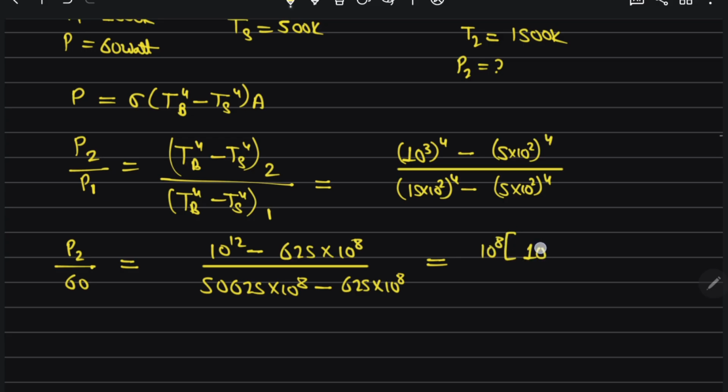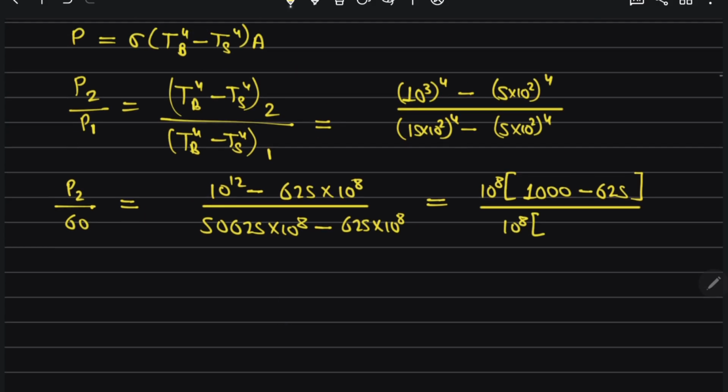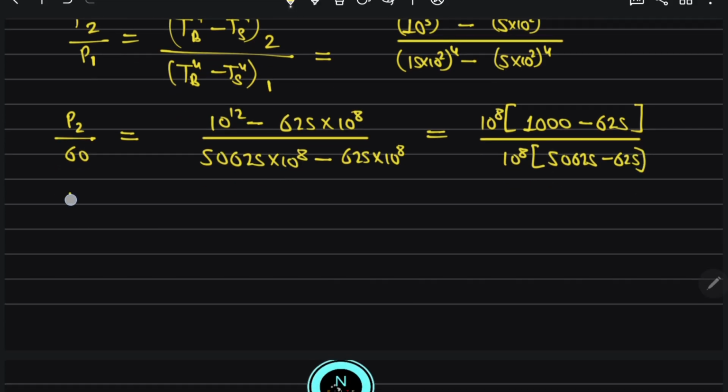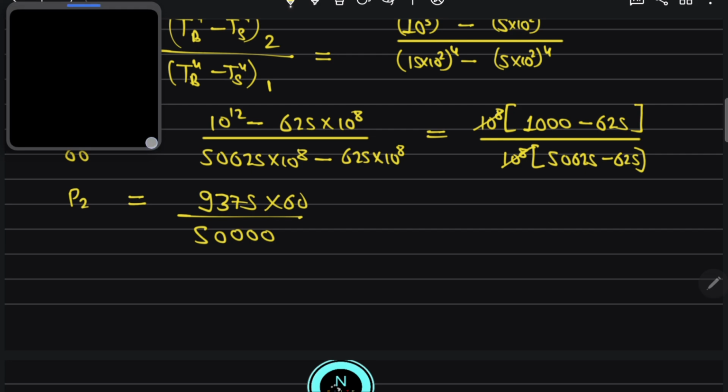If I take 10 to the power 8 common, this is 50625 minus 625, and the 10 to the power 8 cancels. So P2 by 60 is equal to the subtraction 50625 minus 625, which comes out to be 50,000 minus 10,000 minus 625, so this is 9375.